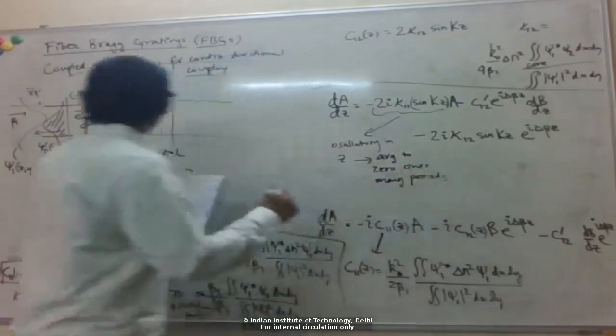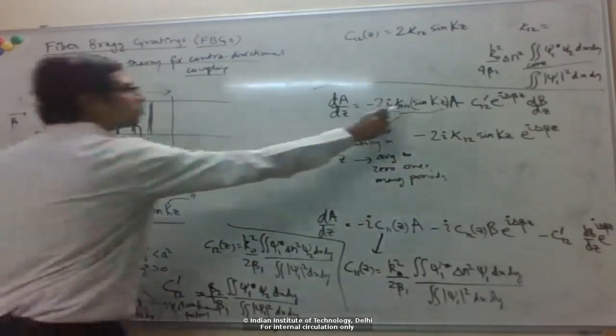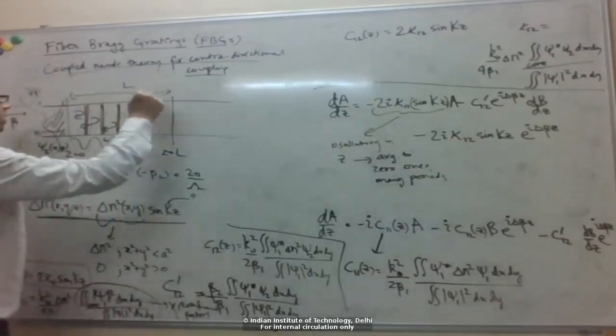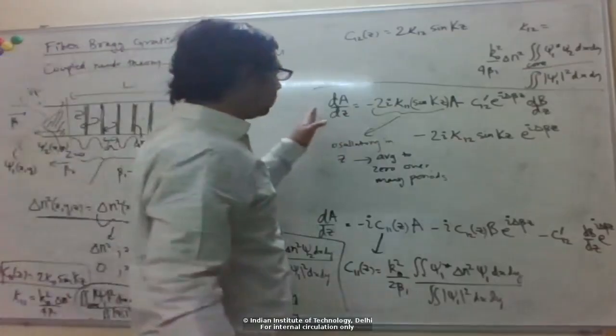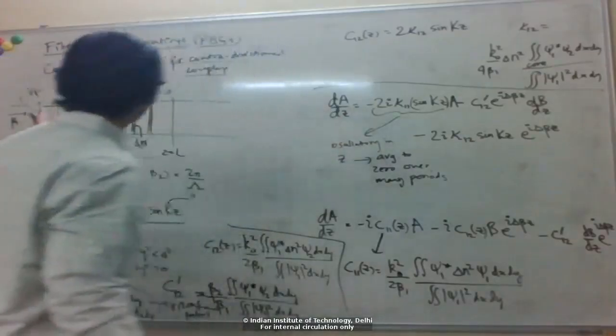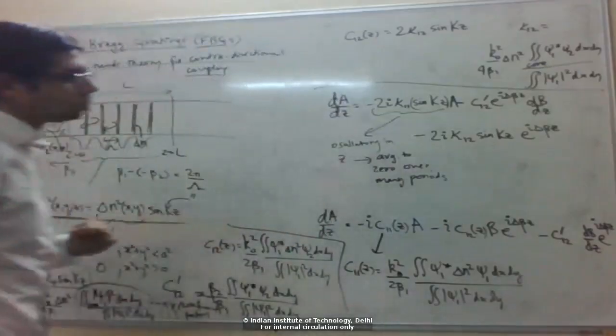If you look at a length which has many periods here, then this coupling coefficient is going positive, negative, positive, negative, and so the overall effect when we integrate over the length just averages to 0.